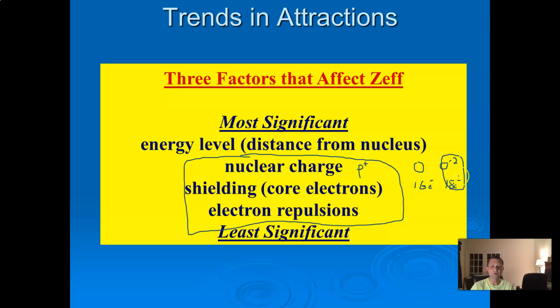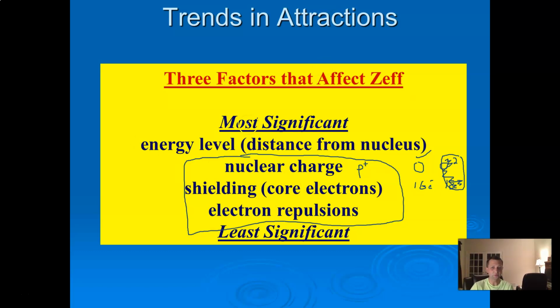Those more electron repulsions weaken your attraction, because it's Z minus S minus R, that repulsion factor will be bigger. So since that's bigger, it's going to decrease your effective nuclear charge. So oxygen, in this case, will have a stronger attraction than oxide because it has fewer electrons and weaker electron-electron repulsions. Okay, so that's how you go through that list.